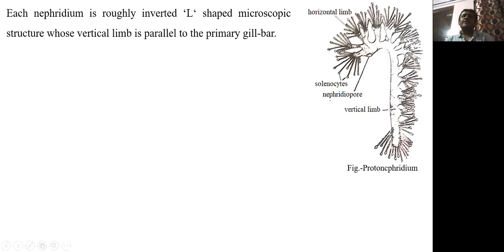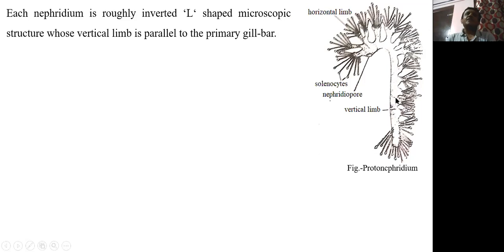As you can see in this diagram, this nephridium is roughly inverted L shape. It has two limbs. One is the vertical limb, and one is the horizontal limb, or you can say upper limb. The nephridium's vertical limb is parallel to the primary gill bar.